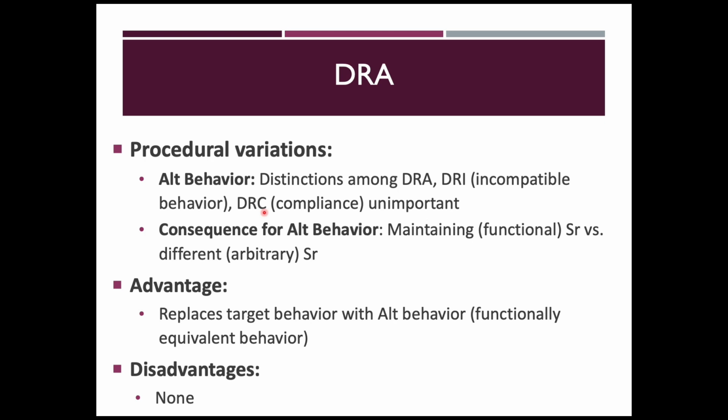So when they exchange a picture card, that results in an escape period, a brief break, let's say 30 seconds or 2 minutes. Then we continue on. So that is a functional reinforcer. But again, we could use an arbitrary reinforcer. So I do want to underscore, generally with DRA in the form of functional communication training, we use a functional reinforcer. It's typically with DROs that you see an arbitrary reinforcer being used.